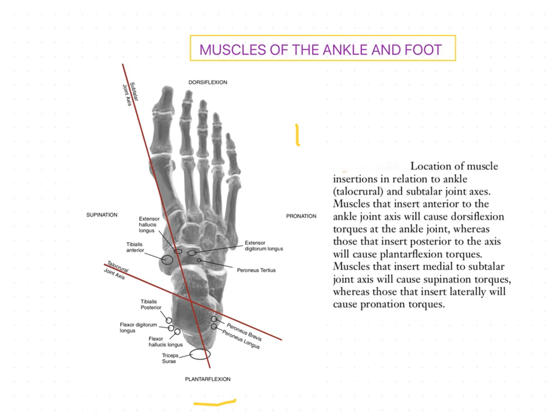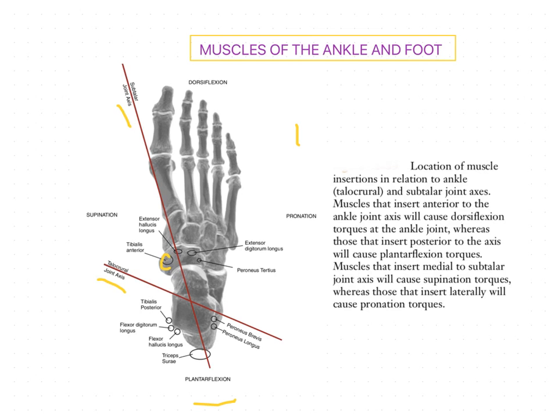Now we will see, how many axes are there here? We can see the subtalar joint axis and the talocrural joint axis, that is the ankle joint axis. The circular ones indicate the muscle attachments.